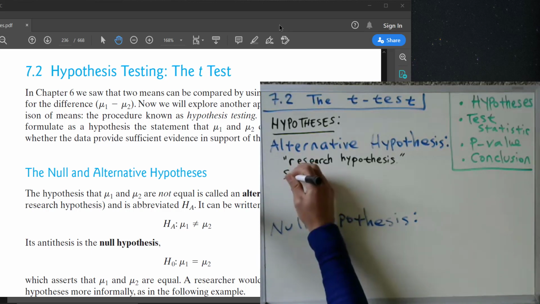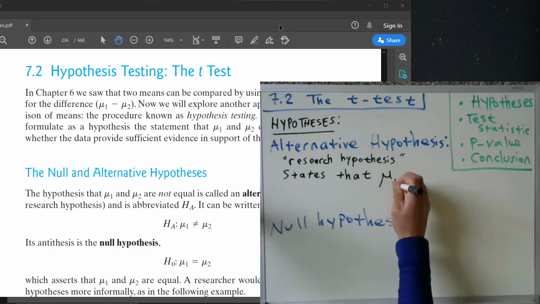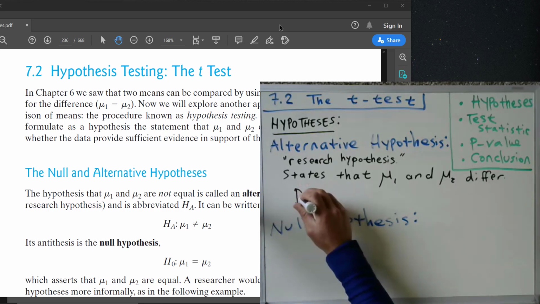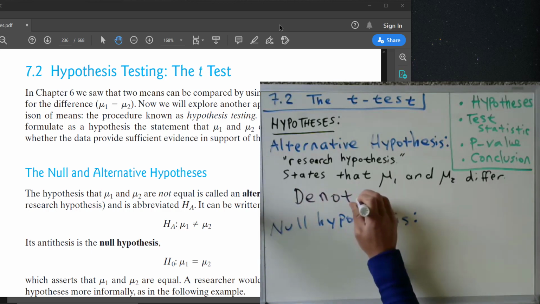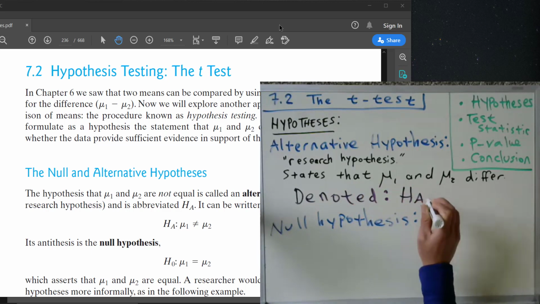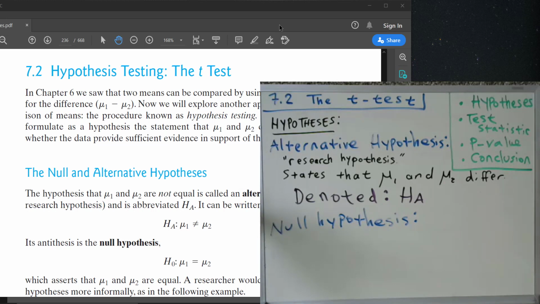And this states that two population means are different. This is often denoted HA.